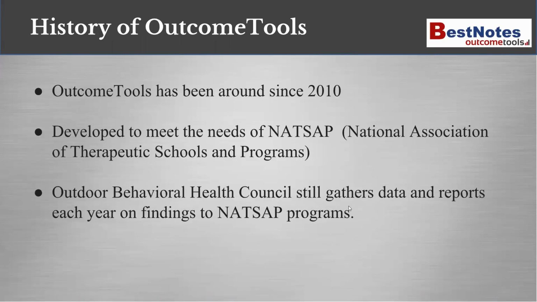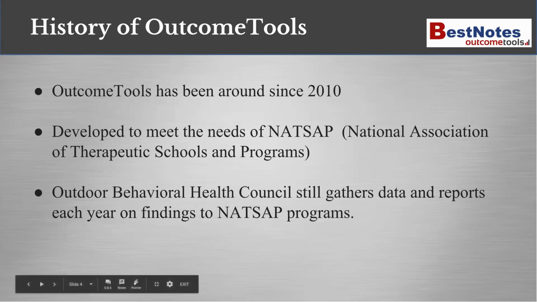So the history of outcome tools is that it began in 2010, and it came because of the need for the National Association of Therapeutic Schools and Programs to measure the effectiveness of wilderness treatment therapy. They wanted to prove and show that their outcomes were effective, and so we developed outcome tools for them to gather that data.